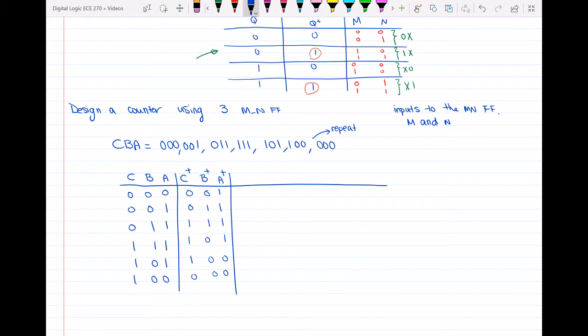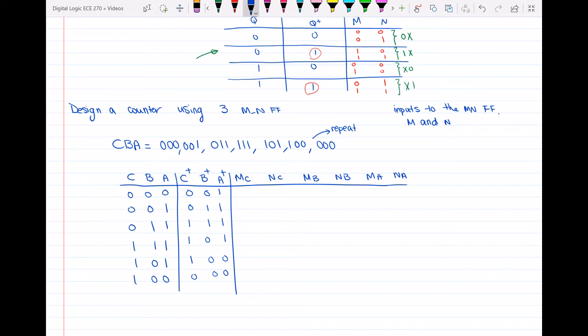So when I want to find the MN equations for each of the flip-flops, it means each of my flip-flops has one M and one N. So I have MC and NC, MB and NB, MA and NA. When I fill out this table and find all possibilities for M and N for each of the flip-flops, then I can draw the Karnaugh map for each of them, and using the Karnaugh map, I can find the equation for each of these inputs.